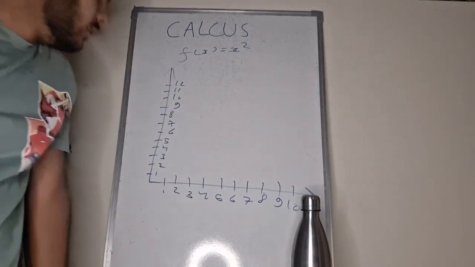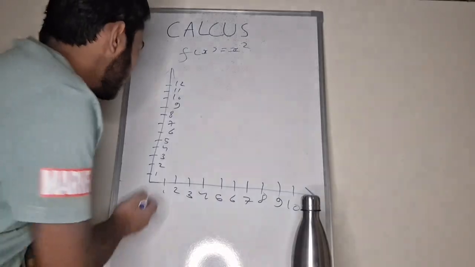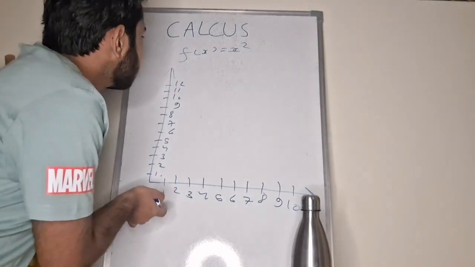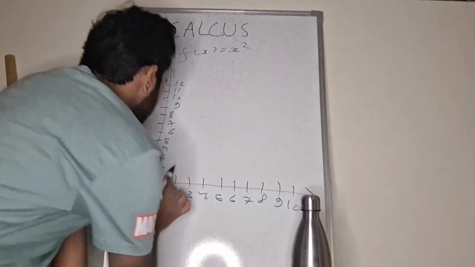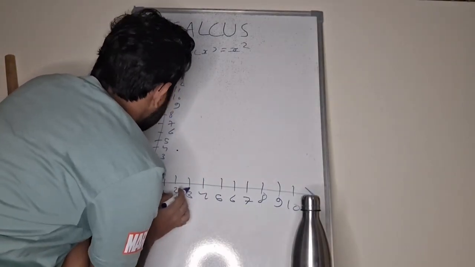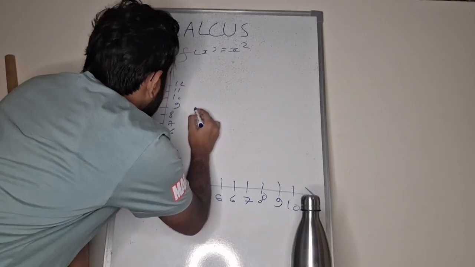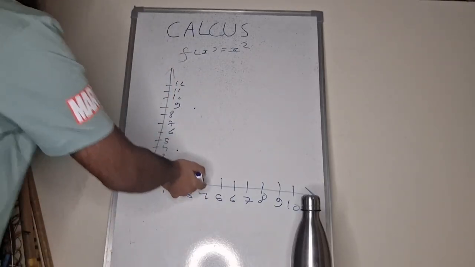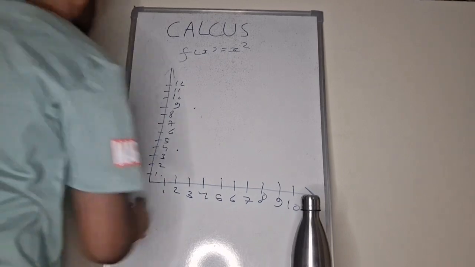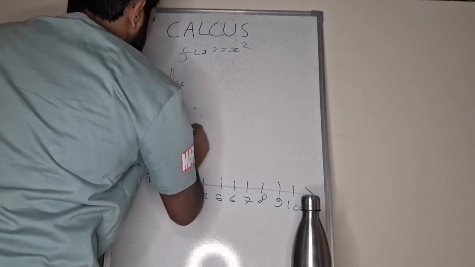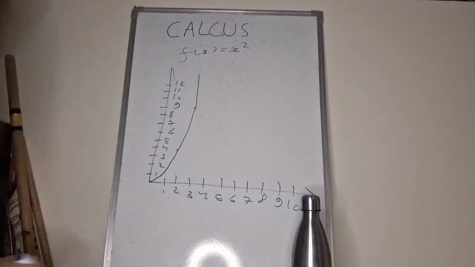So at x equal to 1, y is 1. At x equal to 2, y is 4. At x equal to 3, y is 9. And at x equal to 4, y will be 16.